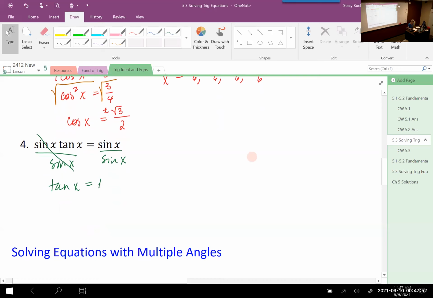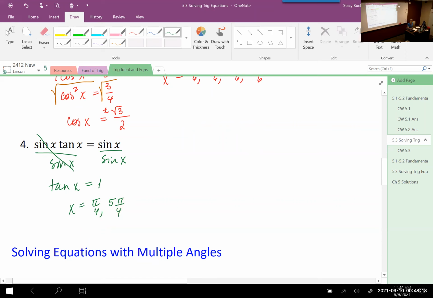So what angle, when I take the tangent of it, do I get 1? Pi over 4 and where? So it's positive, so I'm going to have two angles. Tangent is positive in 1 and 3, so it would be 5 pi over 4. So that's maybe what you would initially think.